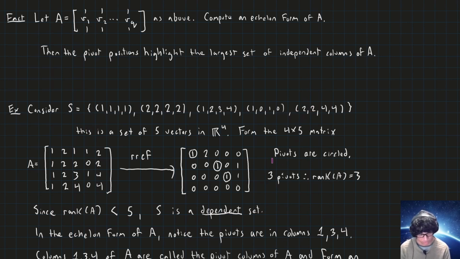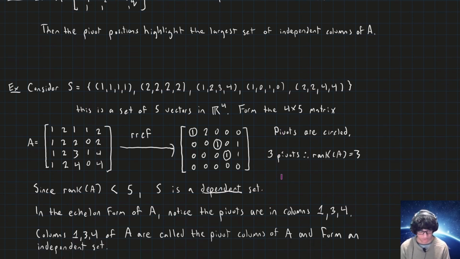As I said, the position of the pivots communicates how we can form an independent set of columns of A that's as large as possible.